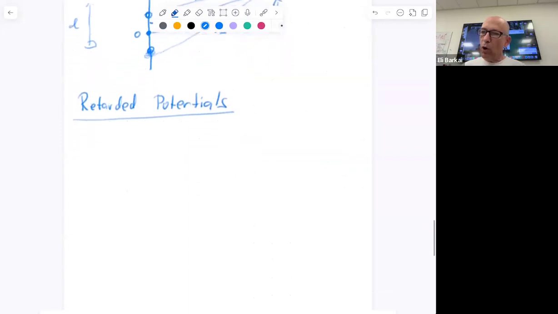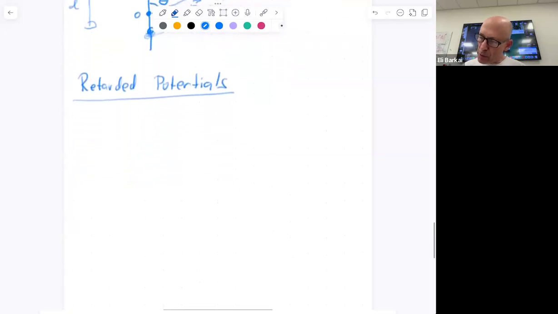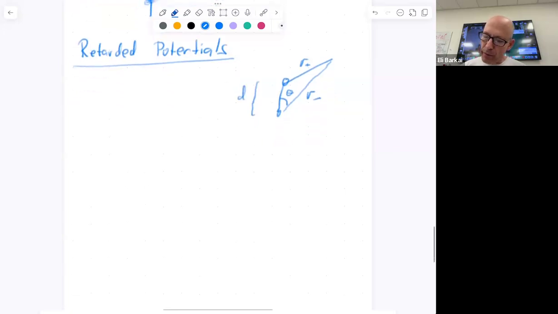So what we are going to do is the following. We're going to write down this system. So what we have here is r plus, we have here, in this example, r minus, and we have this theta, and we have this distance d. And let us write V(r,t).